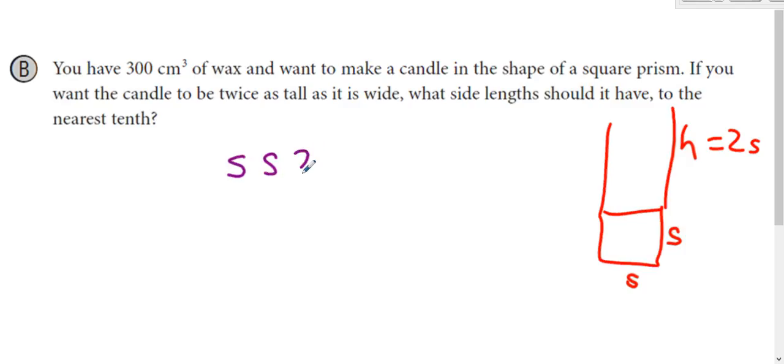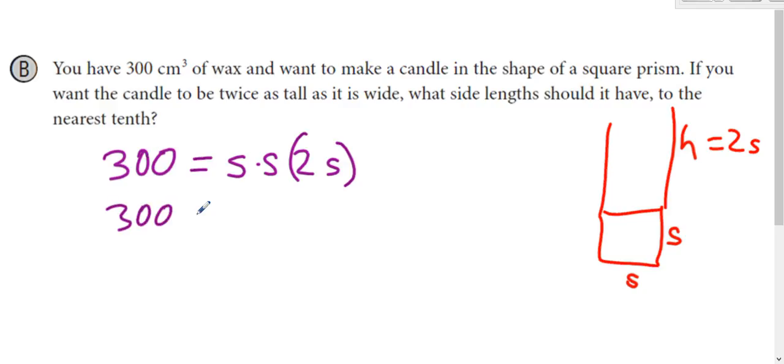S times 2s equals the volume, which is supposed to be 300. S times S is S to the third. So we divide by 2, you get 150.